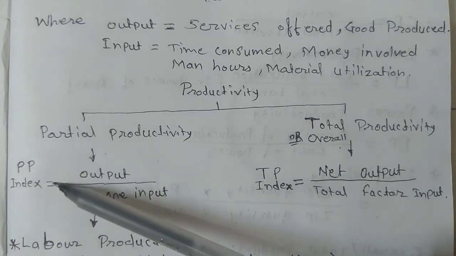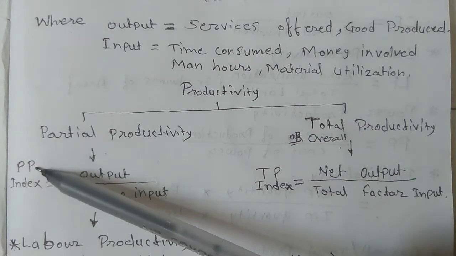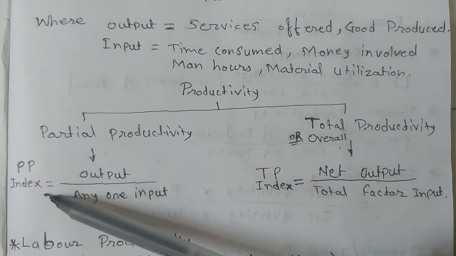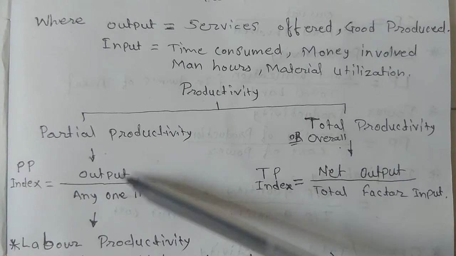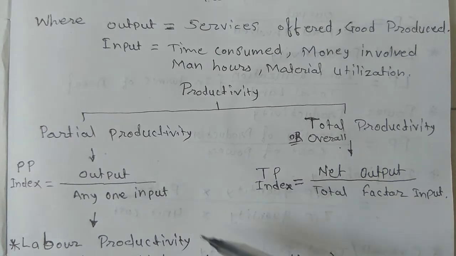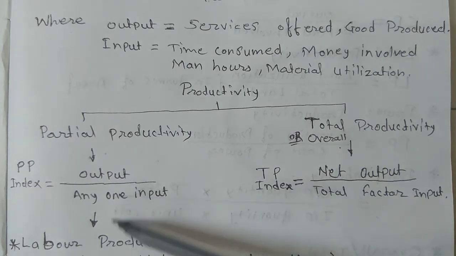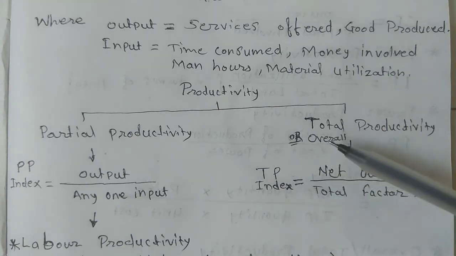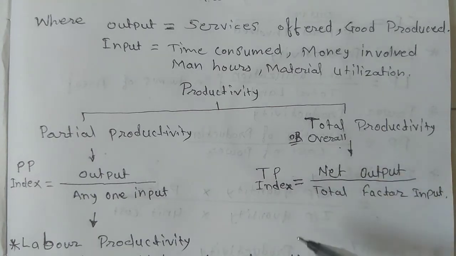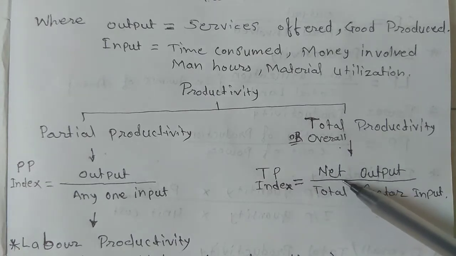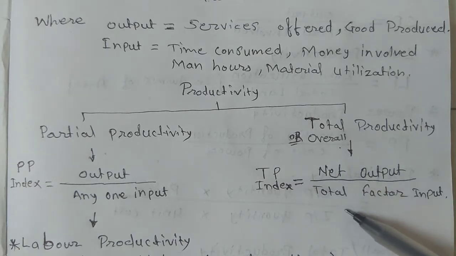Partial productivity is sometimes also called the partial productivity index, a ratio of output upon any one input. Later we will see what the various inputs are. And the total productivity or overall productivity index is calculated as net output upon total factor input.